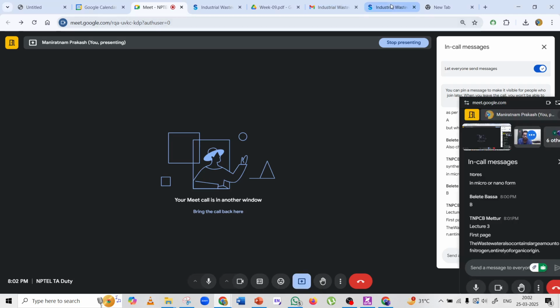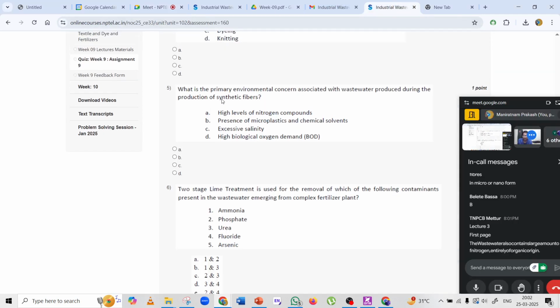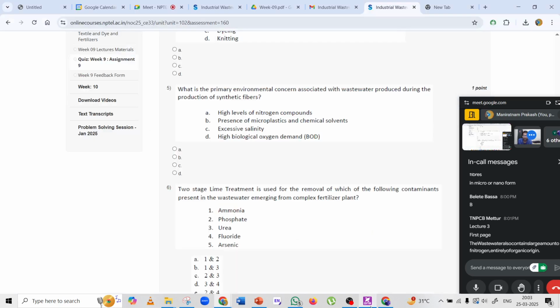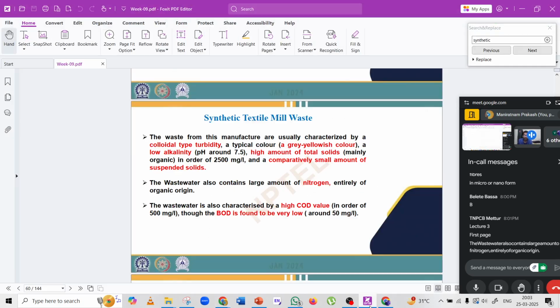And what is the question? Question is, what is the environmental concern? See, now this thing is like may contain.